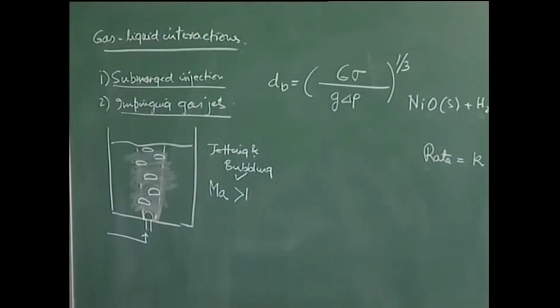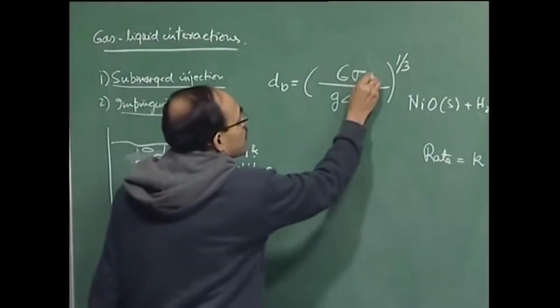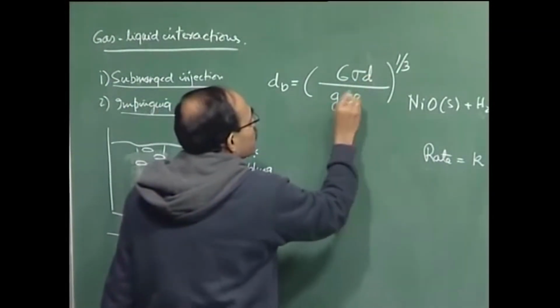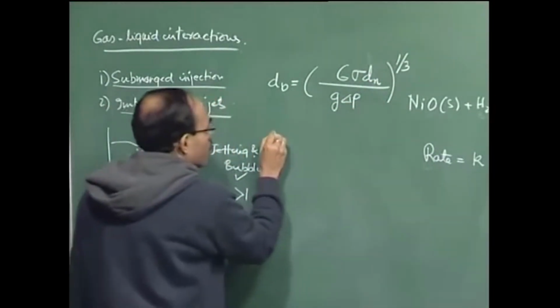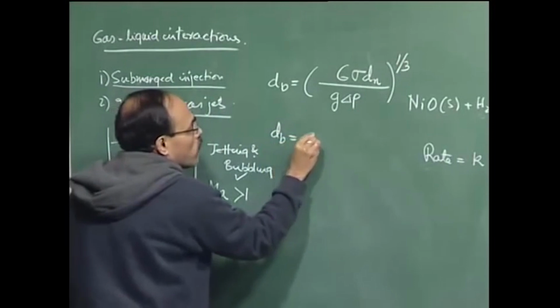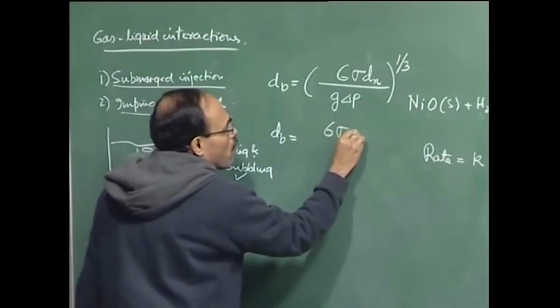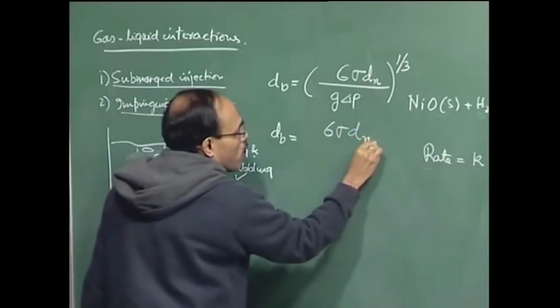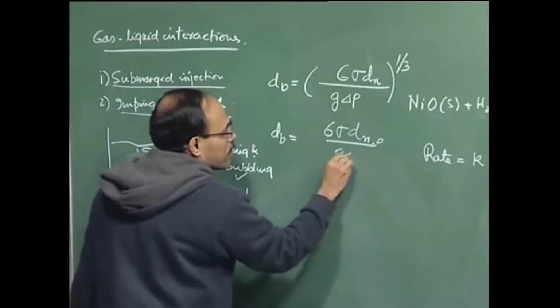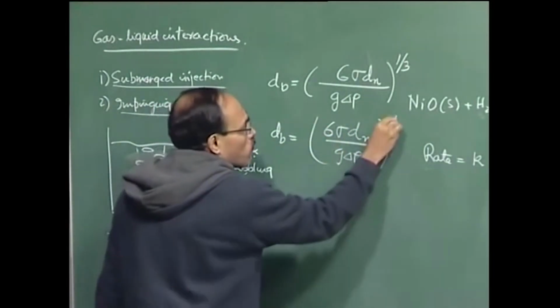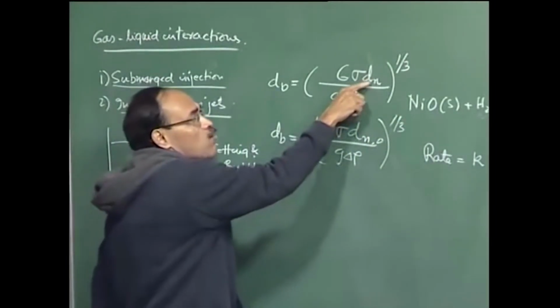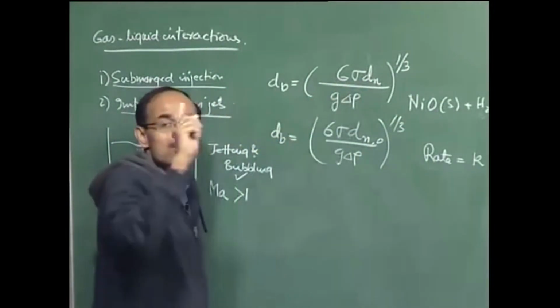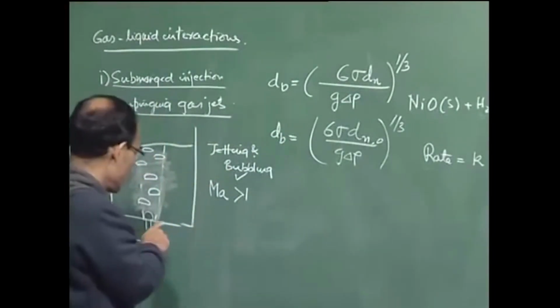So, that represents the expression of the size of the bubble, and there is a D nozzle here. In the case of metal, D nozzle, essentially in water models I would take to be the inside diameter of the nozzle.